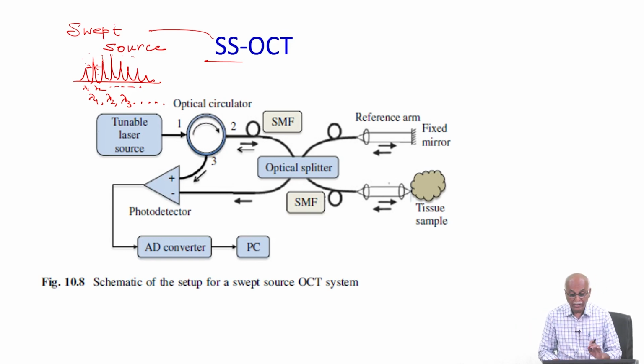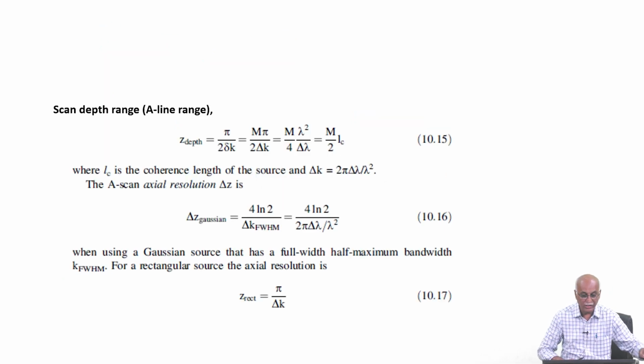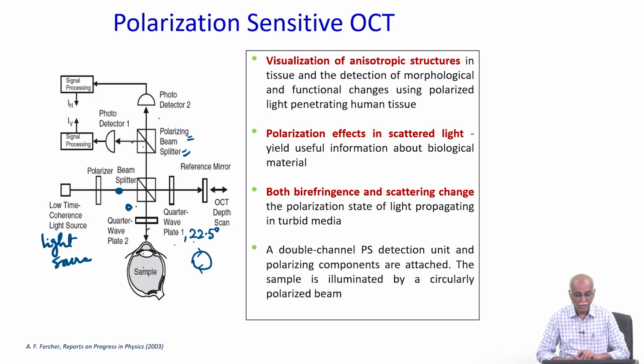So, these are the 3 main configurations which are useful for various applications in terms of swept source, frequency domain OCT, etc. Now, there is one more configuration, based on either frequency domain or swept source, time domain or whatever the approach may be.